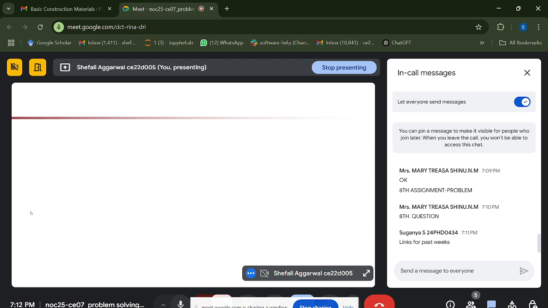So in that question, we have been given a normal simply supported beam, and it has a point load W at center. Then it is asked that we have two materials used for the beam, one steel and another aluminium.